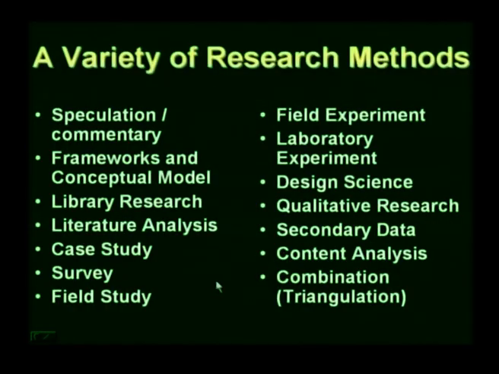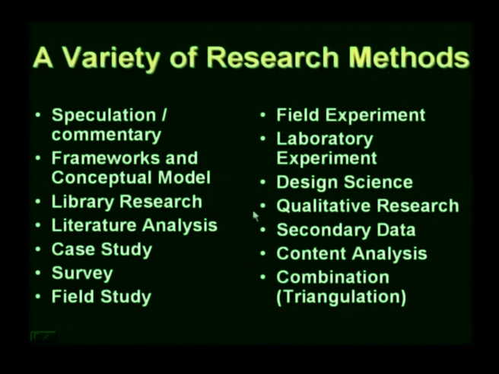We can also have combination of research methods, more than one research methods. For example, we do qualitative study to find out what type of data do we need to collect, or for example, to conduct a survey.